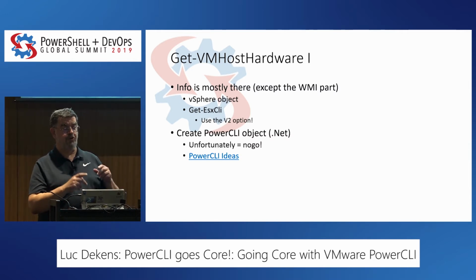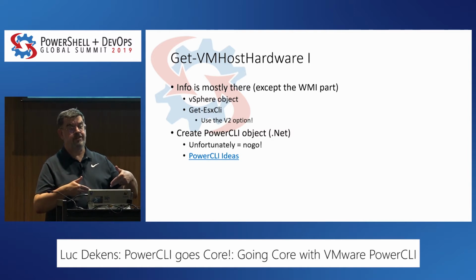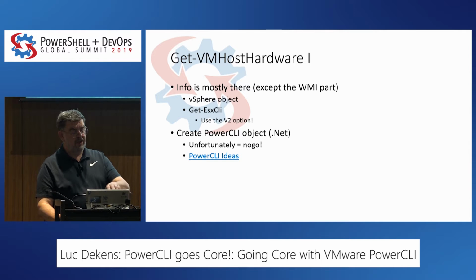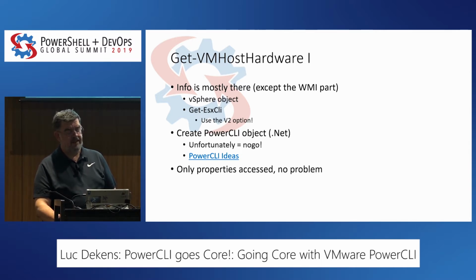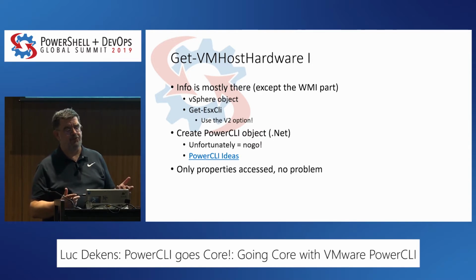If you want to mock an object, you need to be able to create an object that you can change, not a read-only object, but that's on the side. For our purpose, for the VM host hardware, that is not really a problem as long as you only want to see the properties in the object that is returned. If you have tests in your script that test on the type of the object, that will not work. That is something I can't do at the moment.